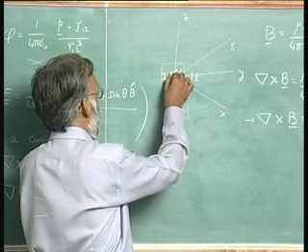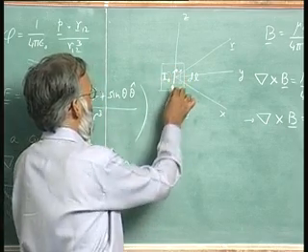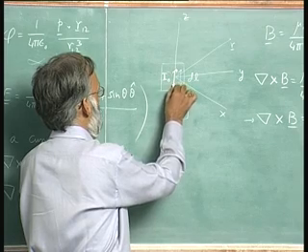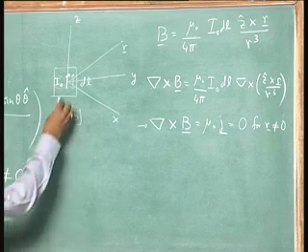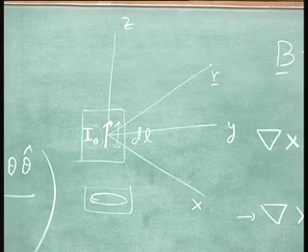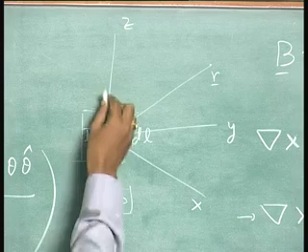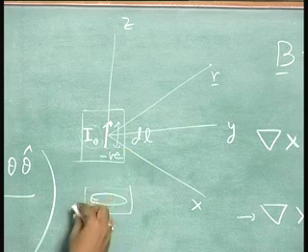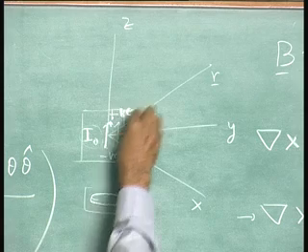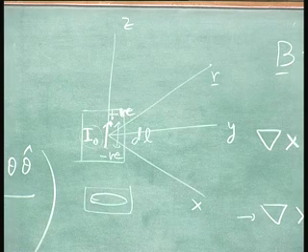If you have a current I naught that is steadily going from minus dl over 2 to plus dl over 2 in the z direction, it is like I have a discharging capacitor. Current is steadily flowing, so negative charge is building up here and positive charge is building up there.